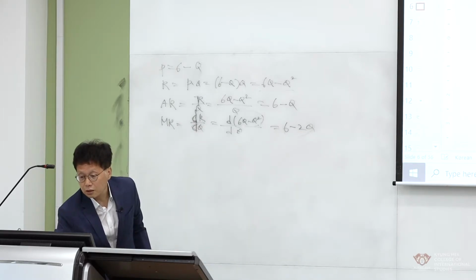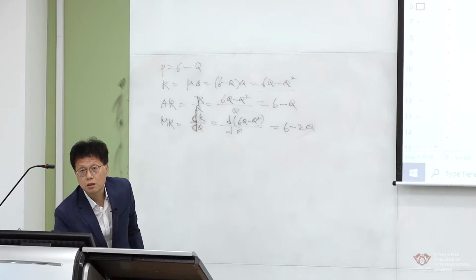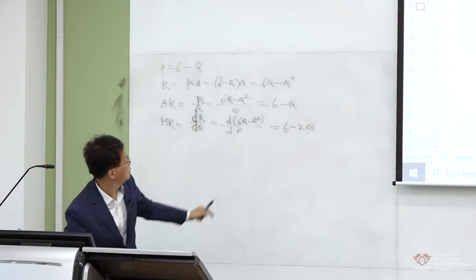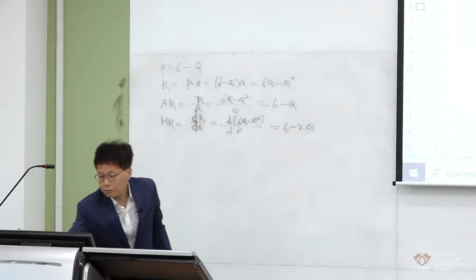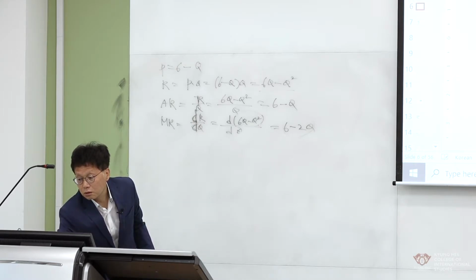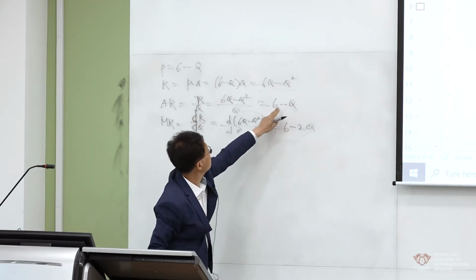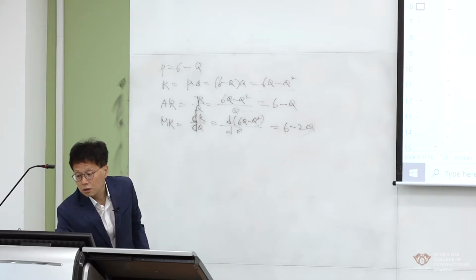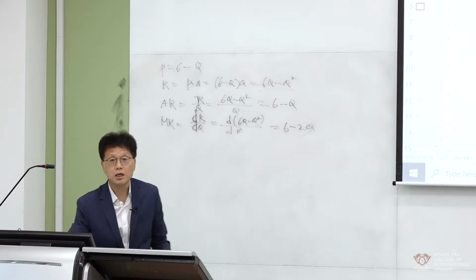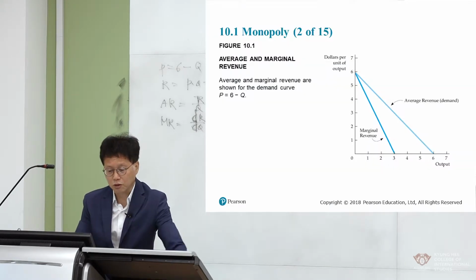Similarly, for the average revenue curve, when Q equals 6, average revenue is 0, and when Q equals 0, average revenue is 6. That is Figure 10.1.